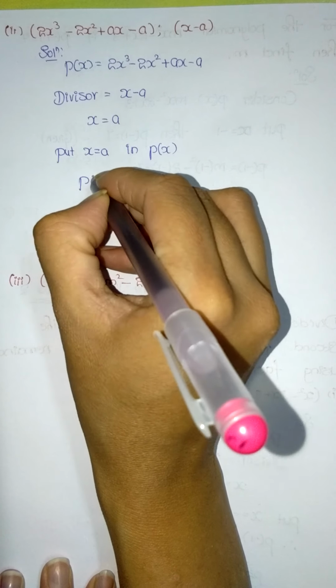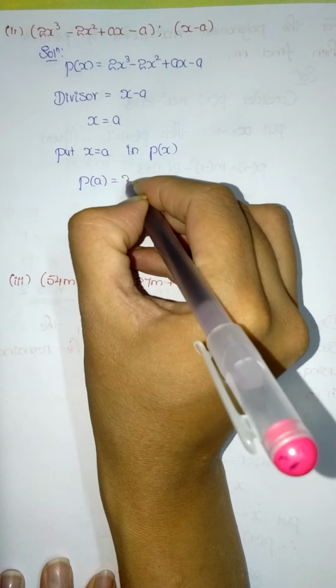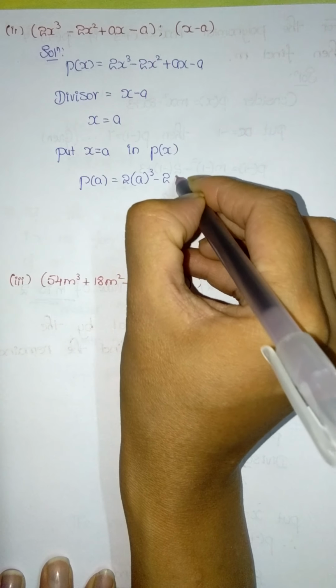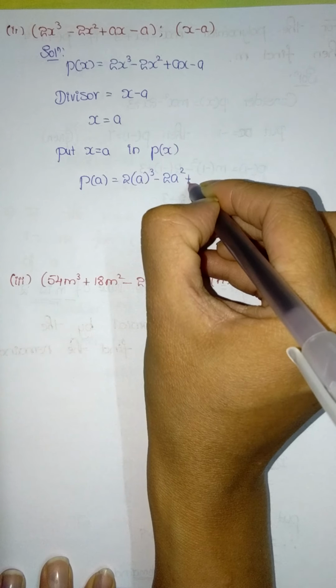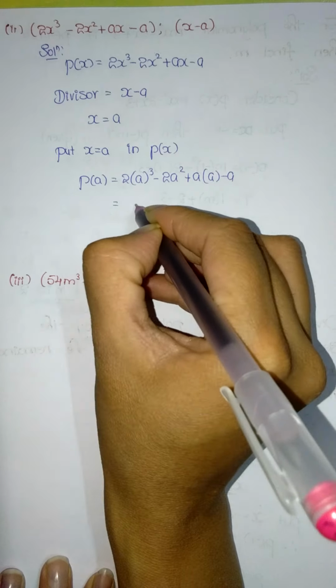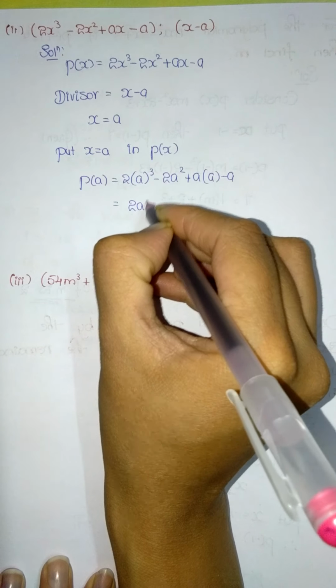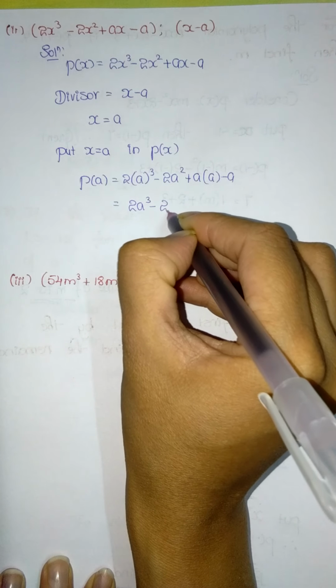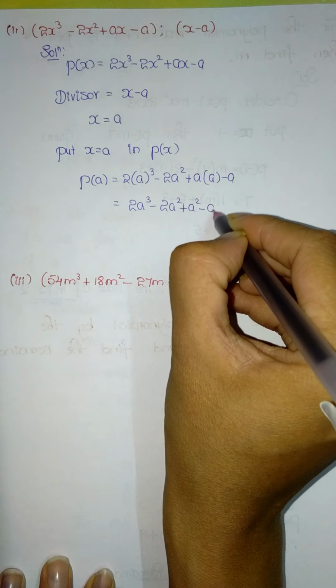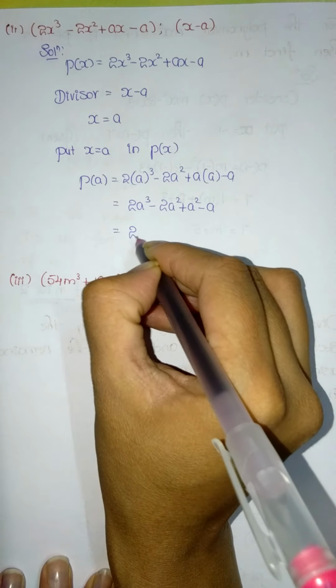So p of a equal to 2 into a cube minus 2 into a square plus a into a minus a. So here it becomes 2a cube minus 2a square plus a square minus a. So here 2a cube as it is.